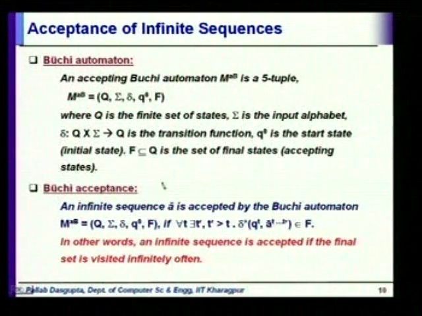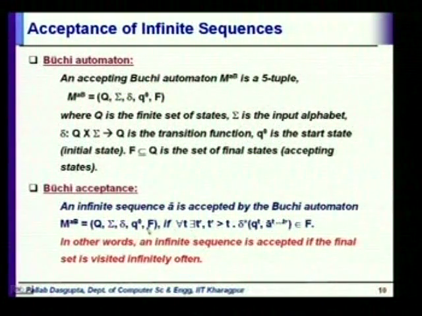In the Buchi automaton, the accepting condition is that an infinite sequence A is accepted if for all t, there exists some t dash which comes after t, such that delta star of q_t, presented with the input sequence from t onwards to t dash, belongs to F. What this formally says is that an infinite sequence is accepted if the final set is visited infinitely often.